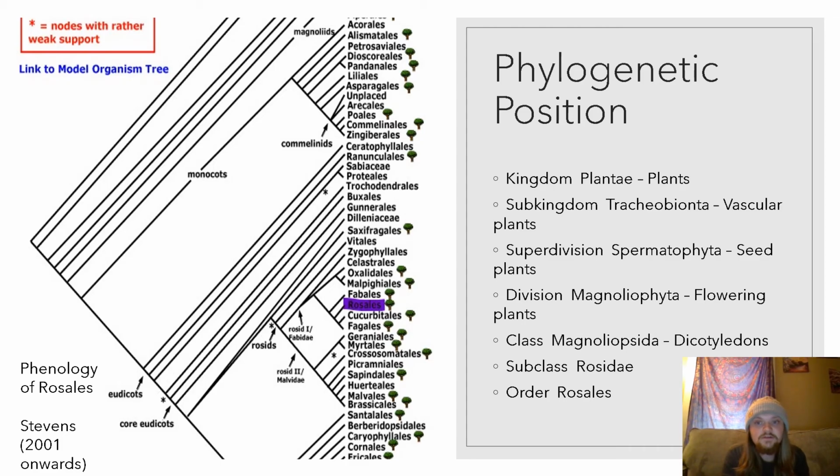The division is Magnoliophyta, which is flowering plants. The class is Magnoliopsida, which is dicotyledons or eudicots. The subclass is Rosidae, and the order is Rosales, which leads us to Cannabaceae.